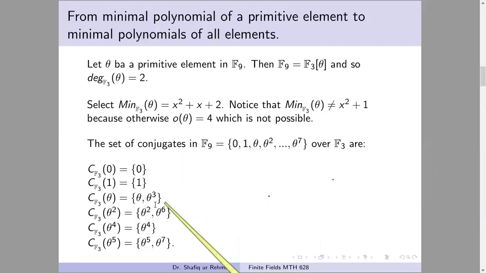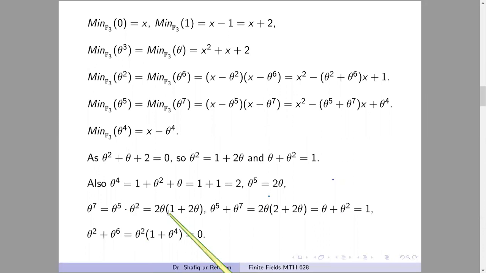Sorry, not theta 4, but the elements theta square and theta 6 both have degree 2, because their minimal polynomial has degree 2.